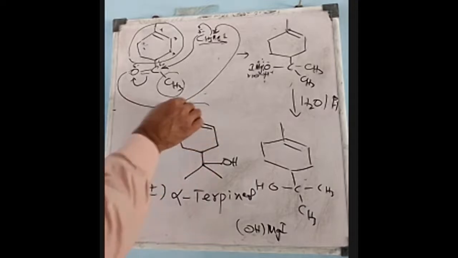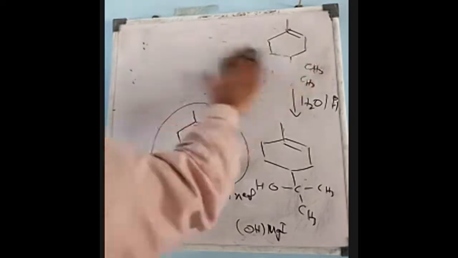By fractional crystallization or fractional distillation, we can separate this compound, alpha terpineol. So this is one method by which we can prepare alpha terpineol, and it is always a racemic mixture.